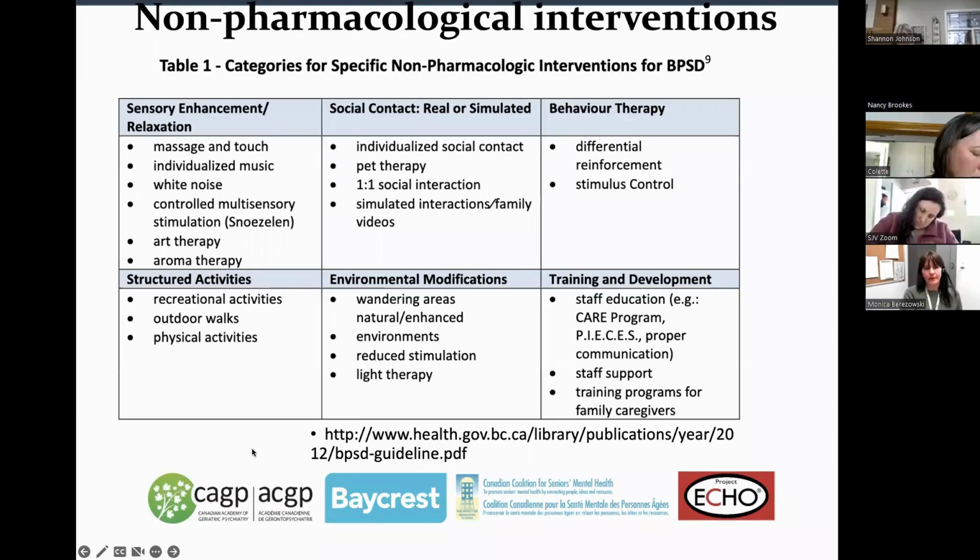So you have many kinds of non-pharmacological interventions for BPSD. They can be aimed at enhancing sensory capacities, or giving some relaxation, some social contact, which can be real or simulated, some behavioral therapy, some structured activities, the modification of the environment as we've talked about, and training also for staff members.